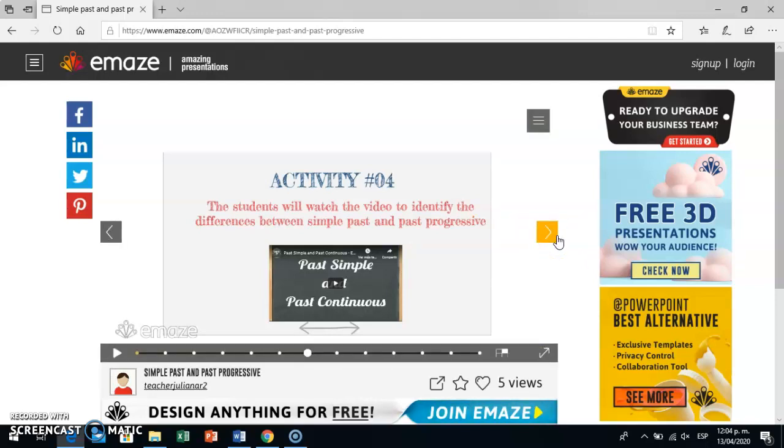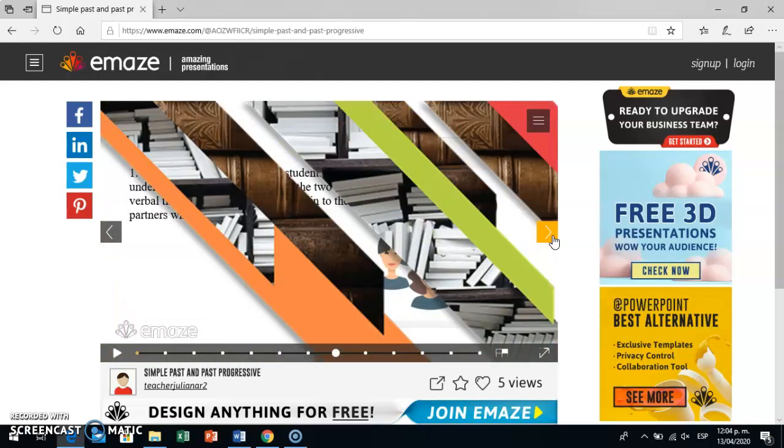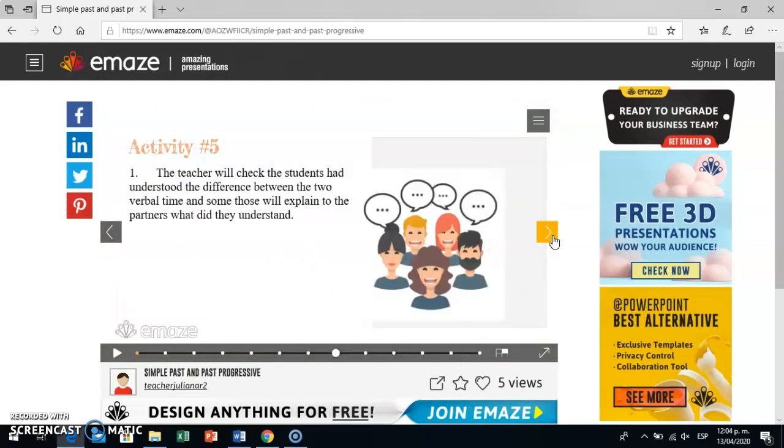The activity number 5 is about speaking skill. The student must speak about what they understand about the difference between the two verb tenses.